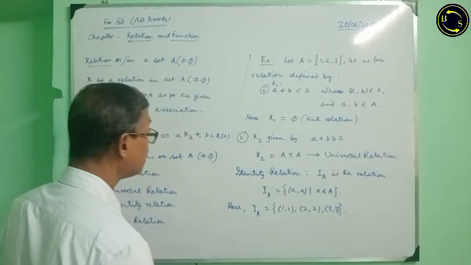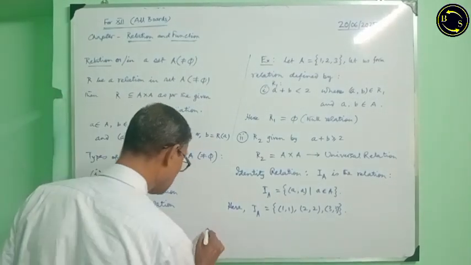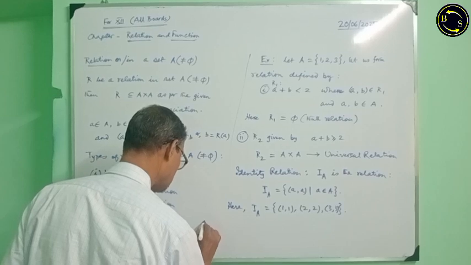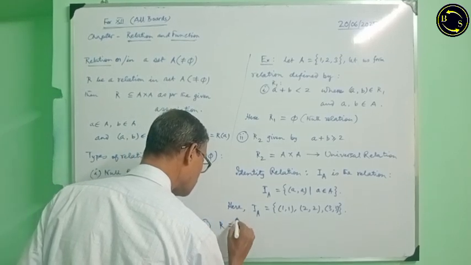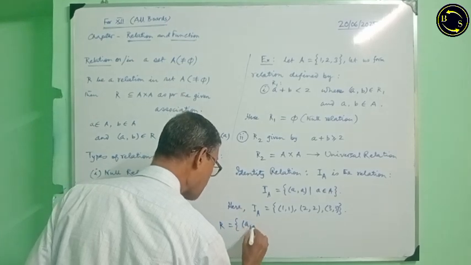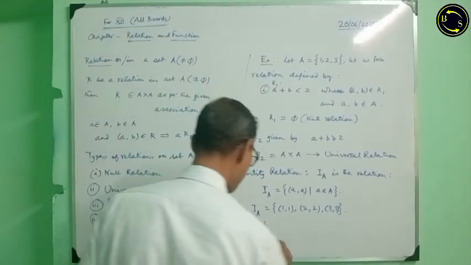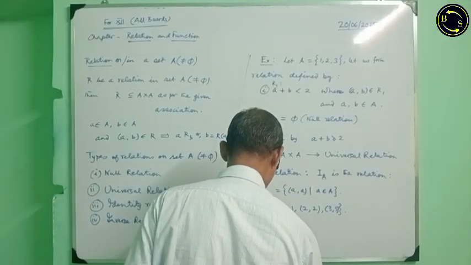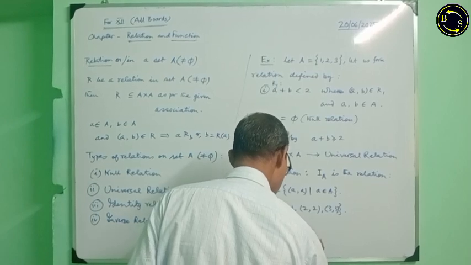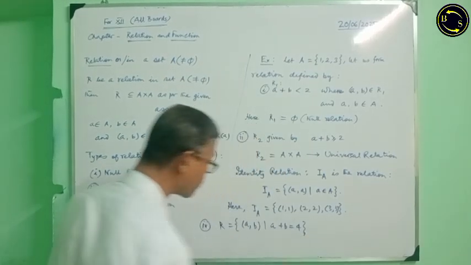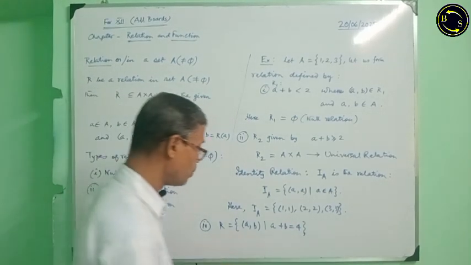Then we take another relation to find the inverse relation. First of all, I take the relation where A plus B, the sum of the components, is 4.